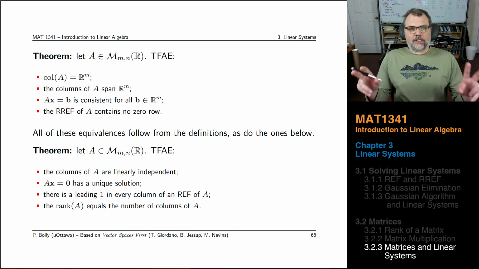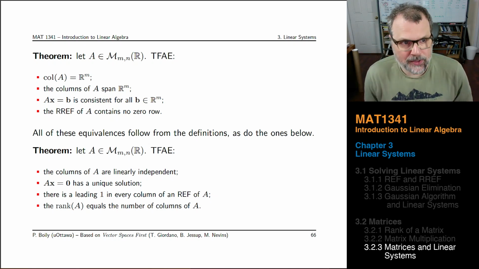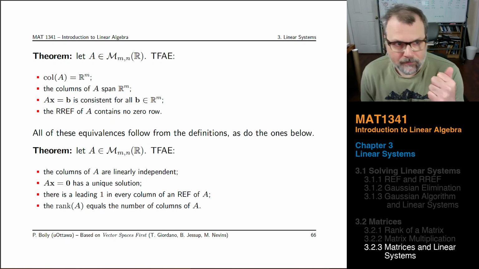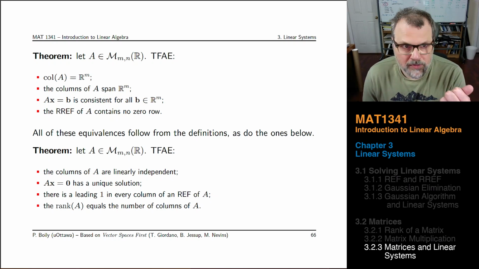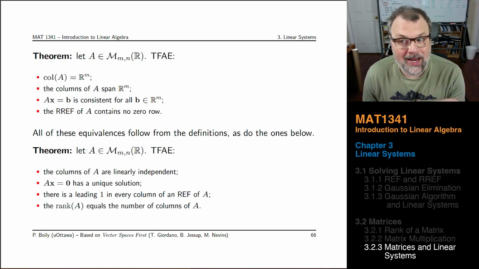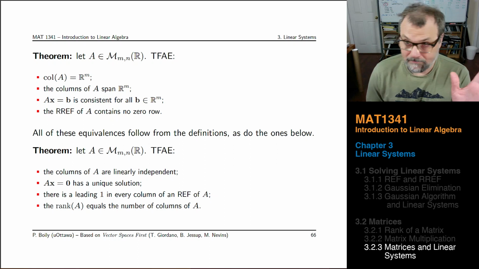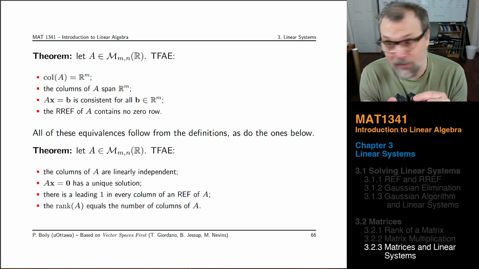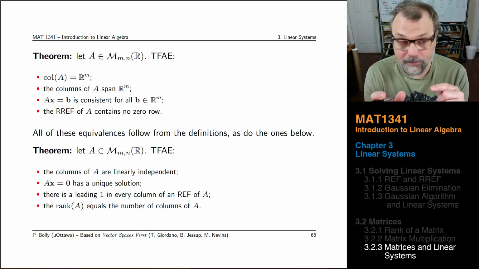You should try to see if you can show that these theorems are true. Assume you have an m by n matrix. The following are equivalent, meaning that if you have one of them, you automatically have any of the other ones. If you don't have one of them, then you automatically have none of the other ones.